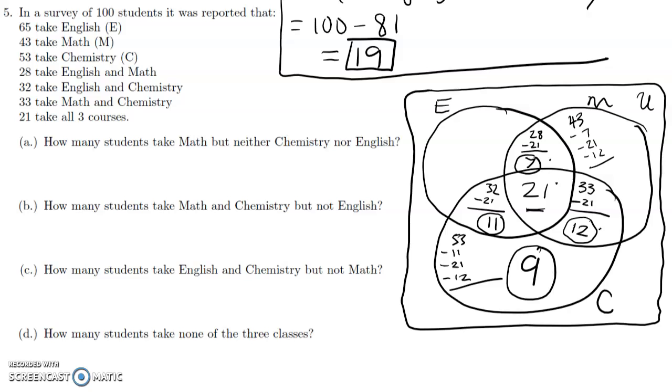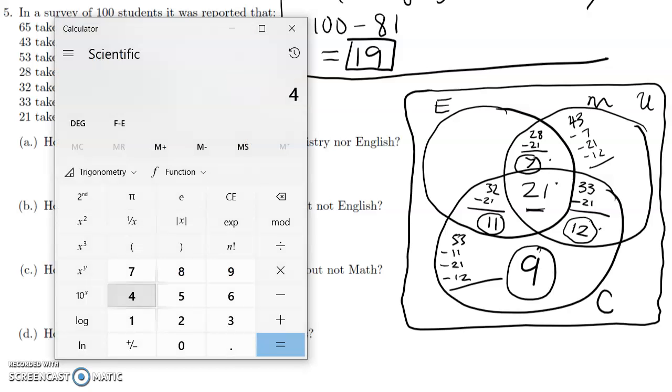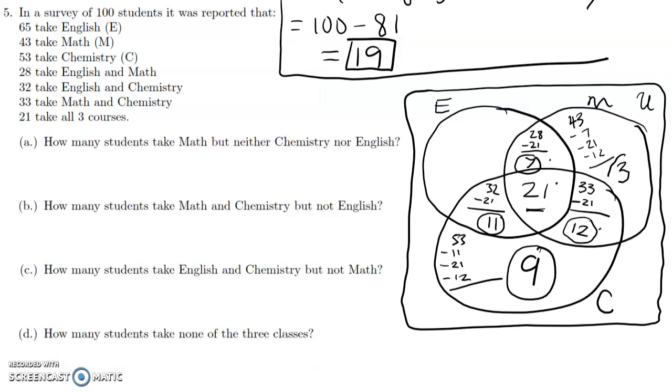So we need to see who's left. So we've got 43 minus 7 minus 21 and minus 12 leaves me with just 3 people who are only in a math class and not in either of the other 2.